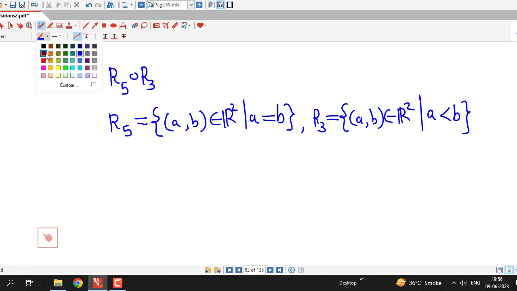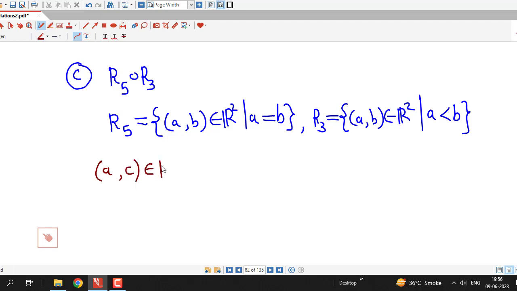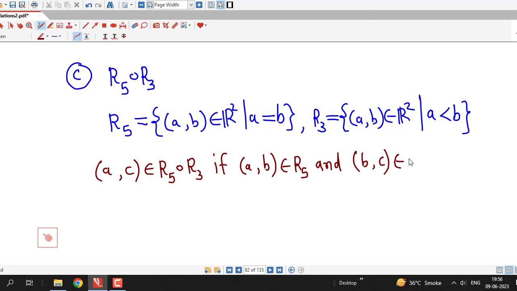Now again we start by considering an arbitrary element in the composition of R5 and R3. (A, C) belongs to R5 composite R3 if for some element B we have (A, B) belongs to the first relation, that is R5, and (B, C) belongs to the second relation, that is R3, and this is for some B belongs to R. This is by definition.